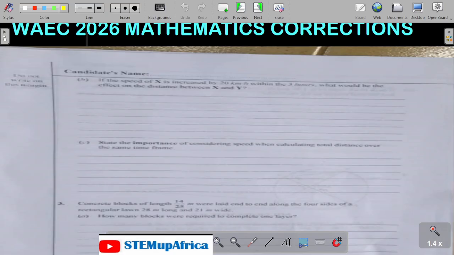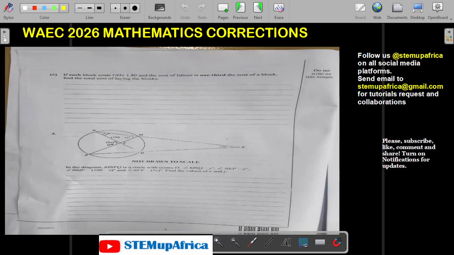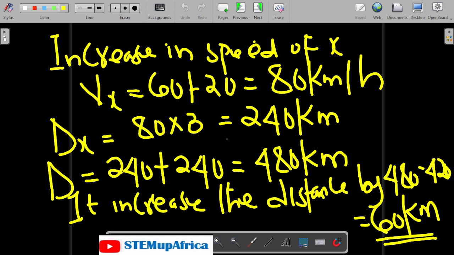Then question C says, state the importance of considering the speed when calculating total distance over the same time frame. Now, what would be the effect?